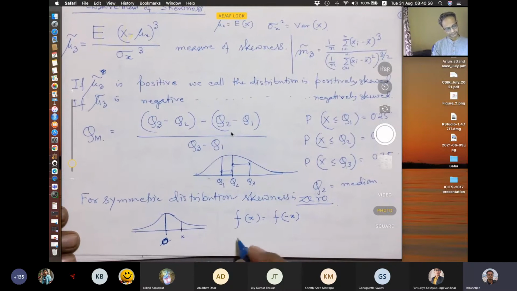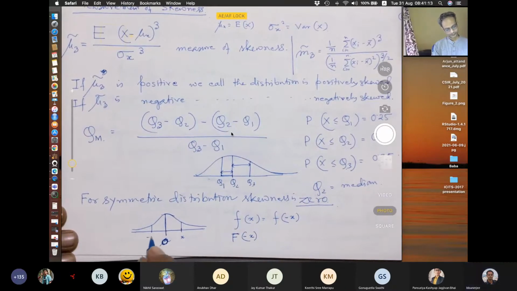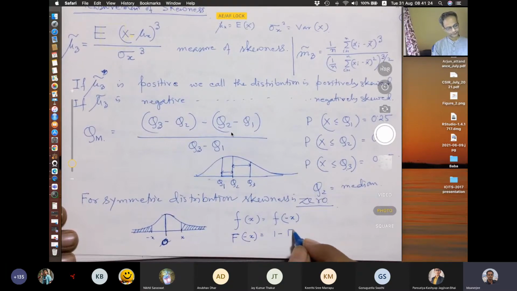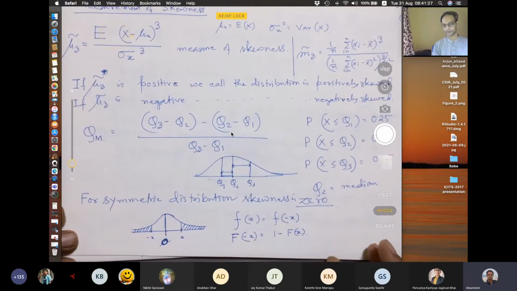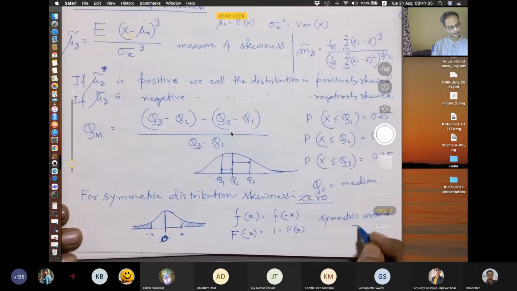Or in another way, capital F of minus x, that means this region is the same as this region, which is 1 minus F. So this is symmetric around 0.